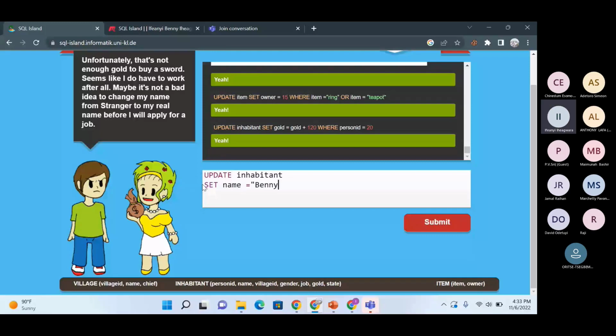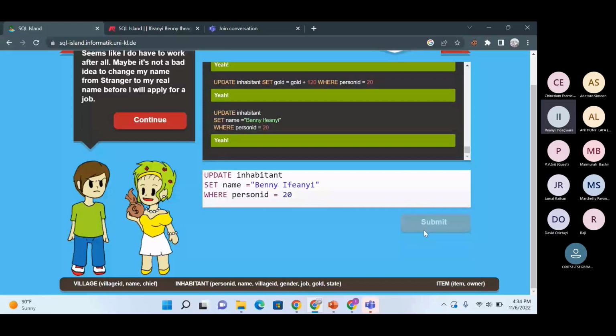And we want to set it where the person's ID is equal to ID number 20. So let's submit our query and find out. Okay, great, that worked. I've changed our name, so now we can apply for a job.